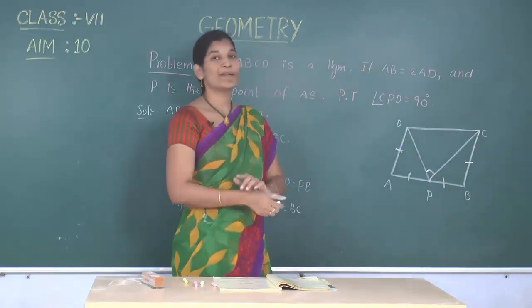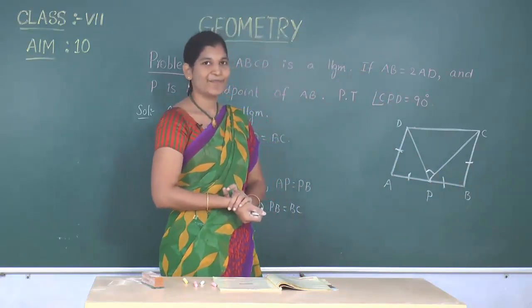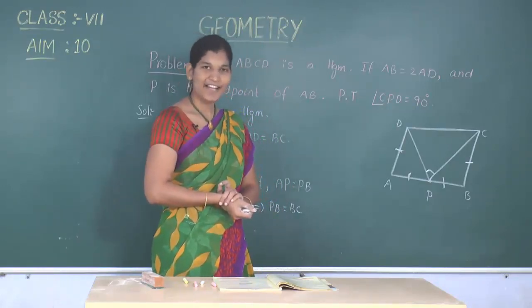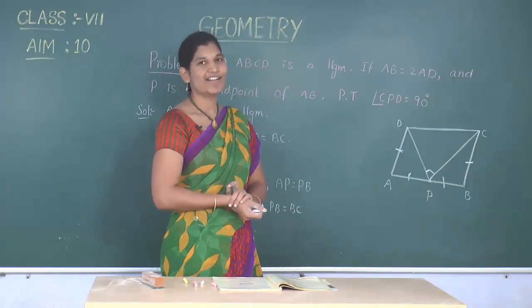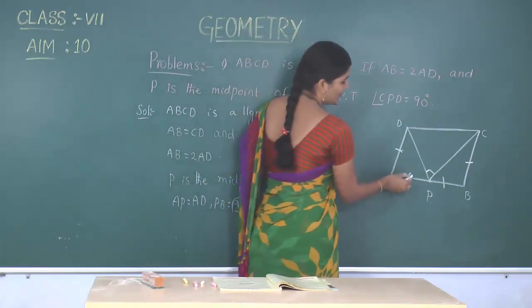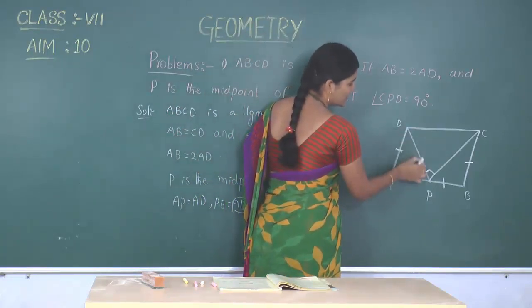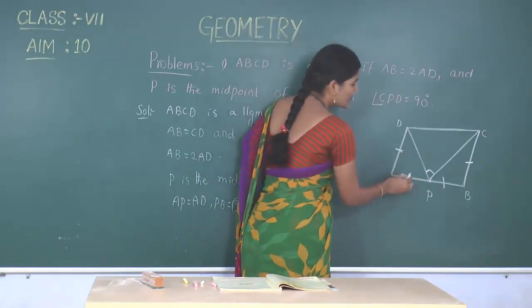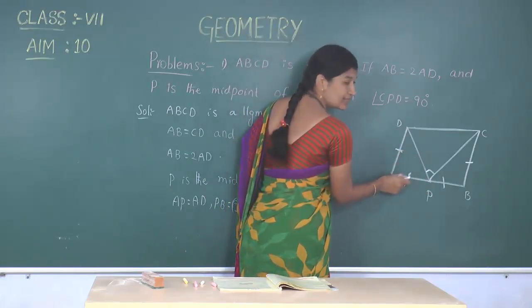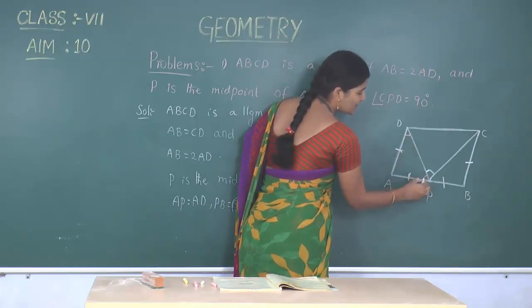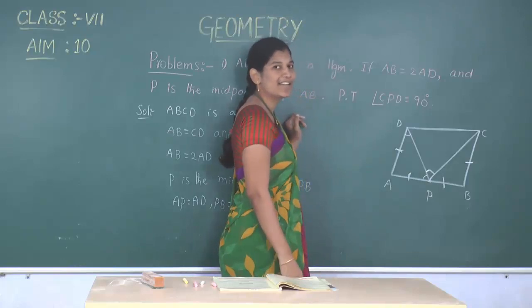Remember the one of the property in the triangles, the angles which are opposite to the equal sides are equal. See here in this triangle, which is APD, here opposite angle is this one, and this one opposite angle is this one, and both are equal.